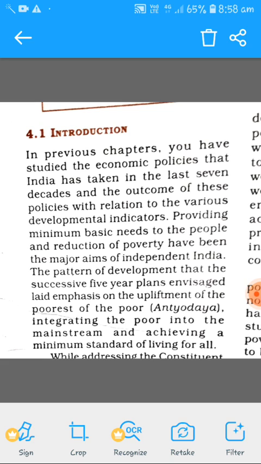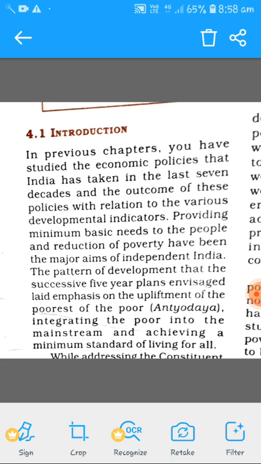One of the schemes initiated by the government is Antyodaya Yojana. The government determined to give minimum basic needs to the poor people, so they started a scheme called Antyodaya Yojana.